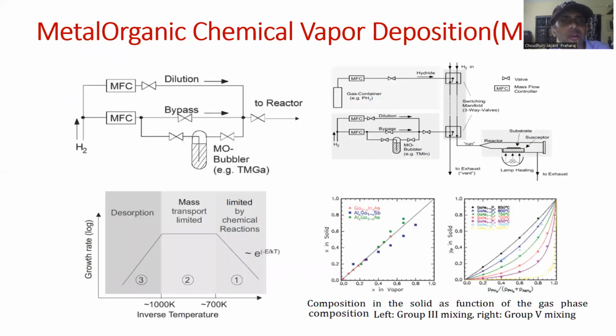We have some details about epitaxial growth mechanisms and methods for this material system. We have, for example, metal organic chemical vapor deposition. We have the metal organic sources. Then we have the dopant sources. And then we have the reaction at the surface of the substrate.